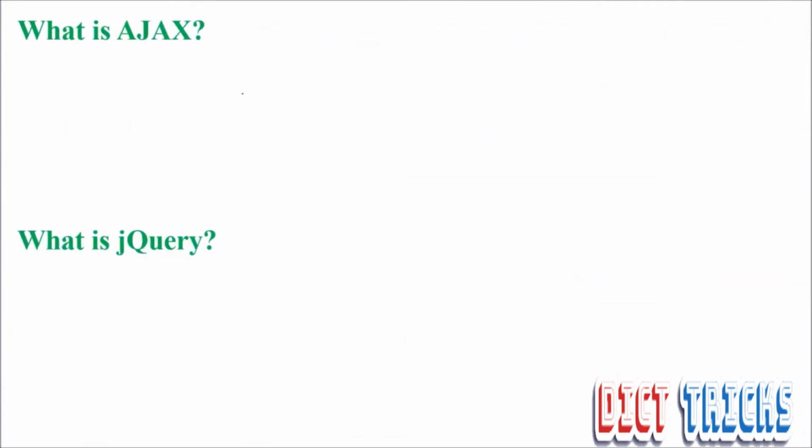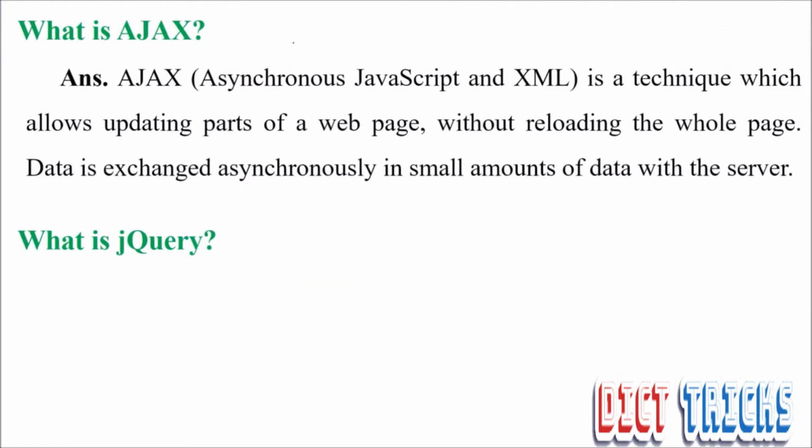What is AJAX? AJAX, if you want the full form, is simply asynchronous JavaScript and XML. This is a technique, let me explain it to you. You have a page, you have a small part. You don't want to go to the server again and again, meaning you don't want to send this page again and again to the server to refresh it. You want this small part, say 2 or 3 parts, to be updated without reloading.